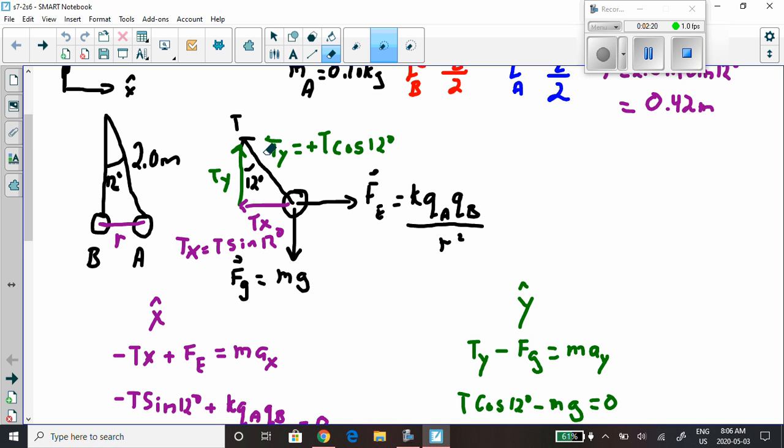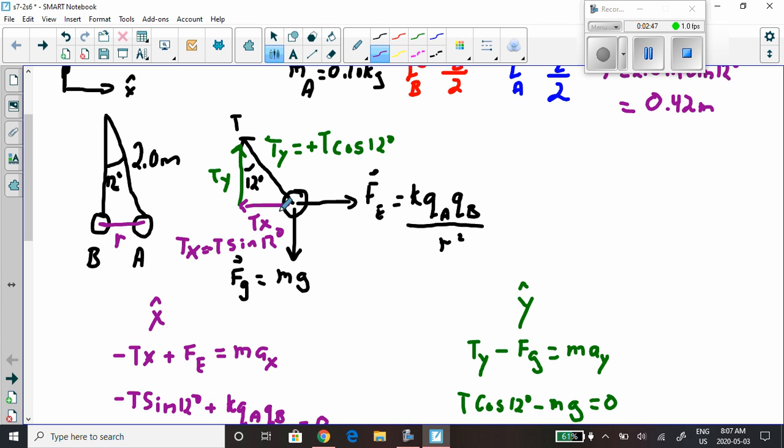Next, there's the tension here. But the tension has to be broken down into components, and that's what I've done here. So there's tension Y right here. Y is adjacent to the 12 degrees, so tension Y is positive tension cos 12 degrees. Now, we have tension X. Better put a negative sign there.